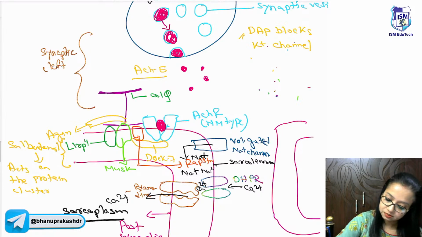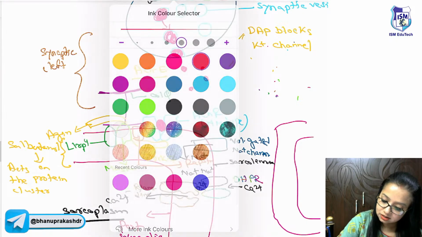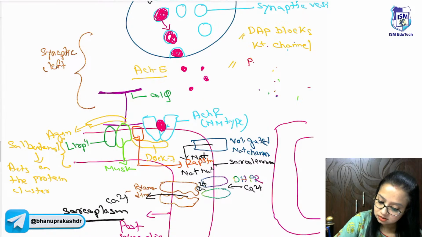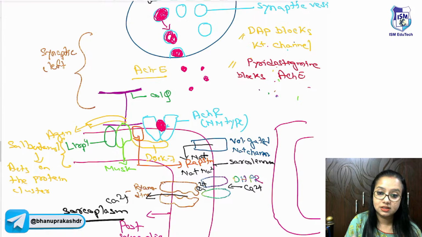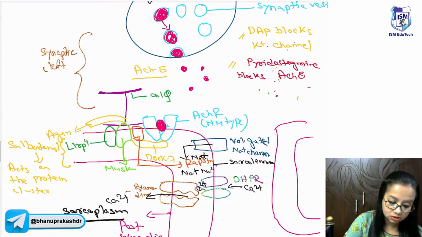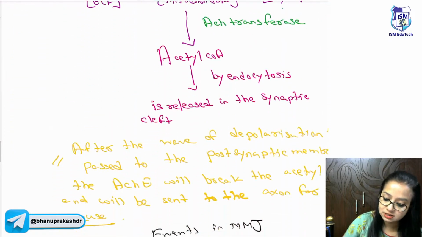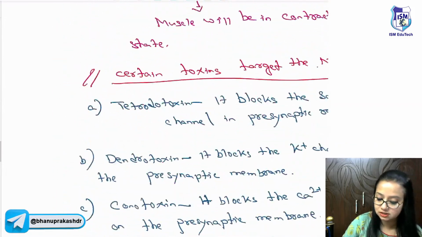Okay, and drugs like pyridostigmine block acetylcholine esterase. That means the digestion or the breakdown of this acetylcholine will not happen. So there are so many things happening in this neuromuscular junction.